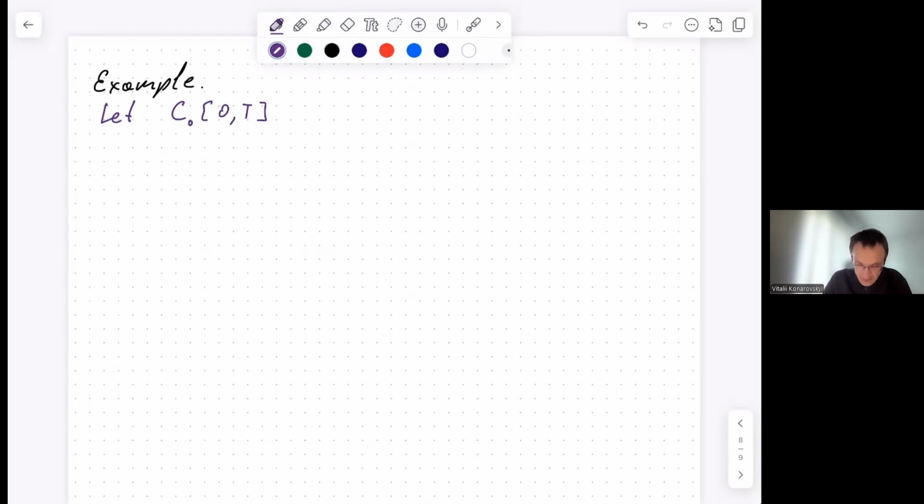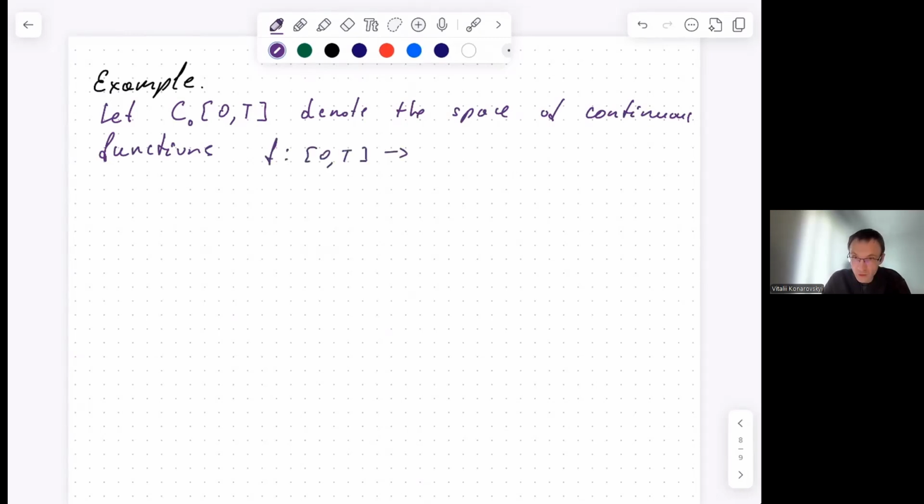It is the Banach space of continuous functions f from [0,T] to R, such that f of 0 is equal to 0. Actually, this 0 here means that the function at point 0 is 0, or if you consider f as a path of some process, it means that f starts from 0 at time 0.